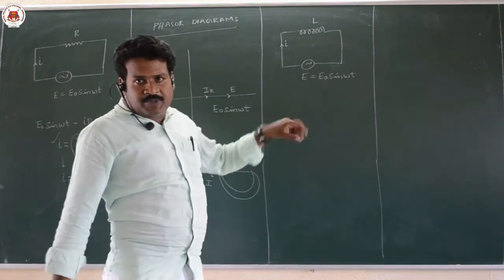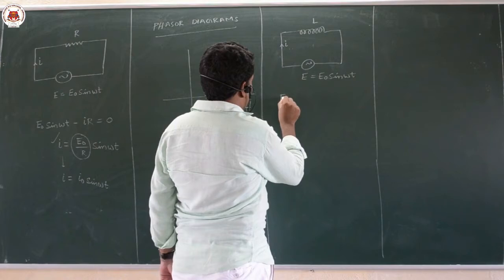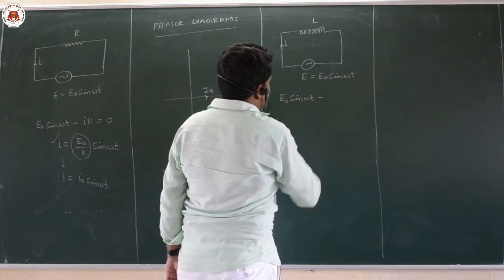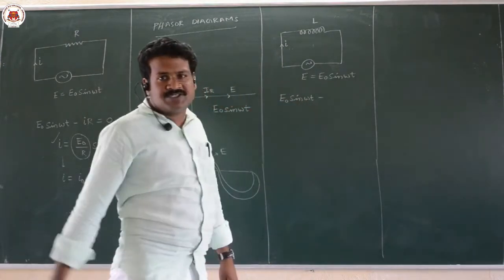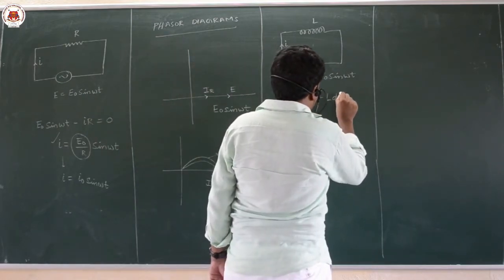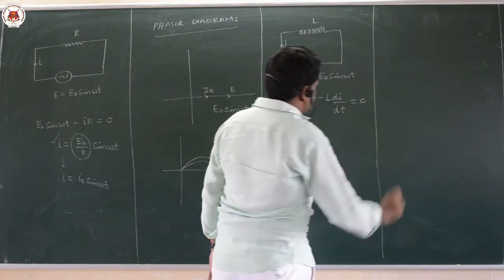Now let us apply the loop law for this. E naught sin omega t minus the EMF developed across the inductor, which is L di by dt, is equal to 0.